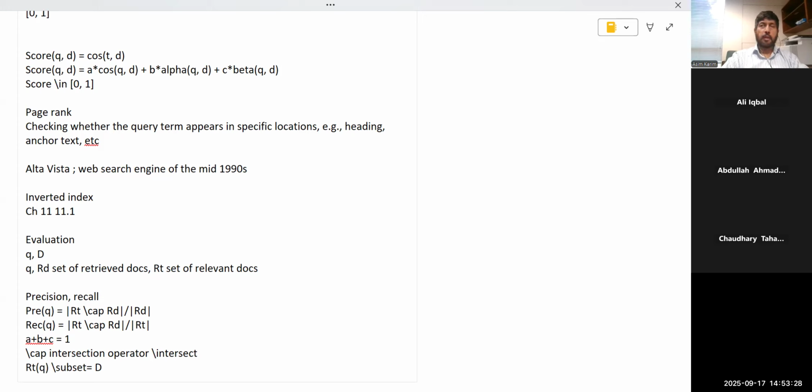So that's why ऊपर मैंने Q पहले लिखा था, फिर RT और RD लिखा था. So those were the relevant documents for a particular query and the retrieved documents for a particular query. And they usually would be a subset of the whole collection in the corpus.